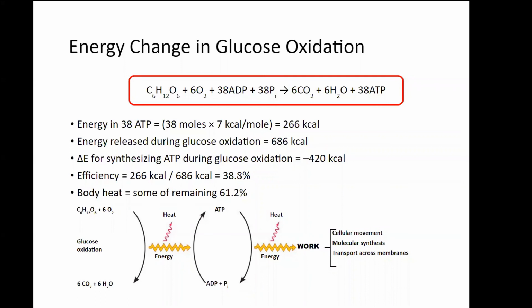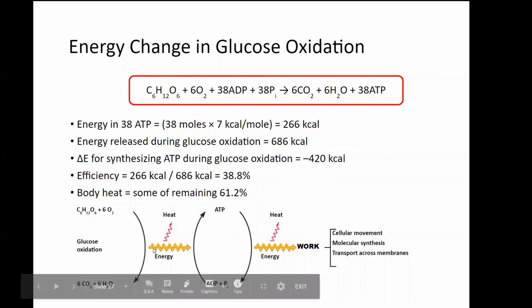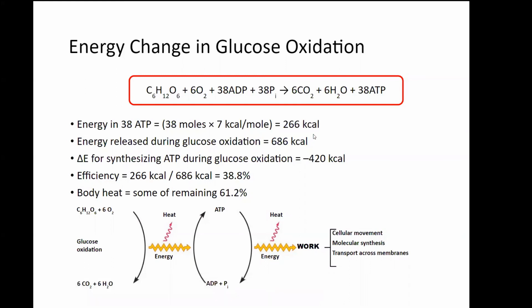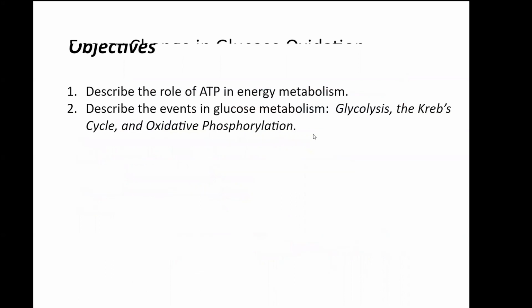You might think that all that energy should go into ATP, but we have to remember that we also have this heat coming off. So we are losing energy in the form of heat as we run this process. So this is going to turn into body heat, some of it, but also just in general, heat in our cells.